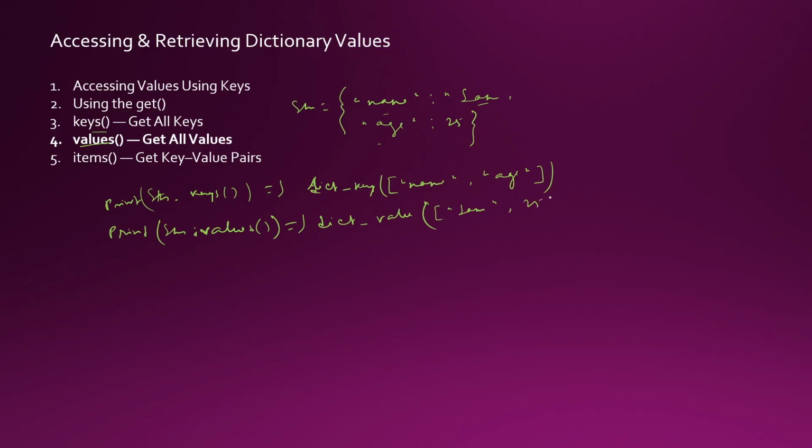So in order to get our list of names, we can write student dot keys, and in order to get our values, we can write student dot values.